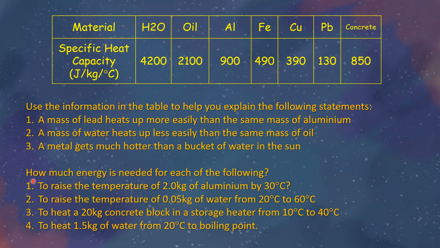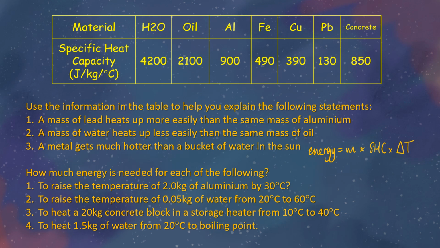Okay, questions at the bottom. How much energy is needed for each of the following? So to raise the temperature of 2.0 kilograms of aluminium by 30 degrees Celsius. So we have our formula, which is energy equals mass times specific heat capacity times change in temperature.